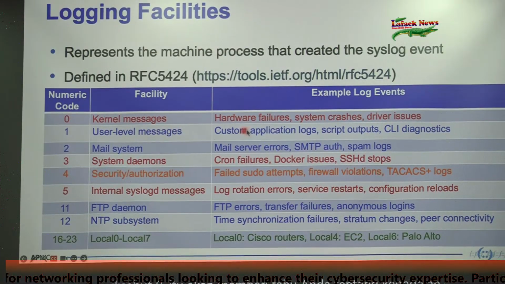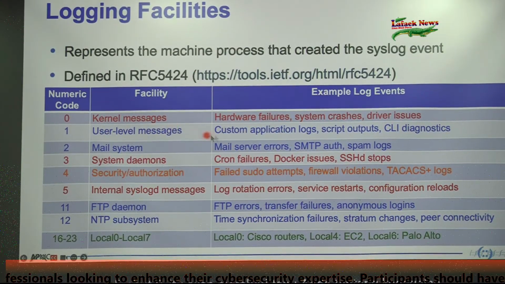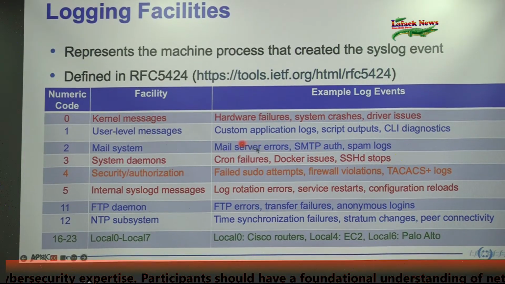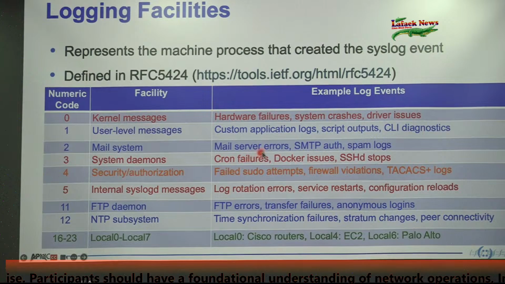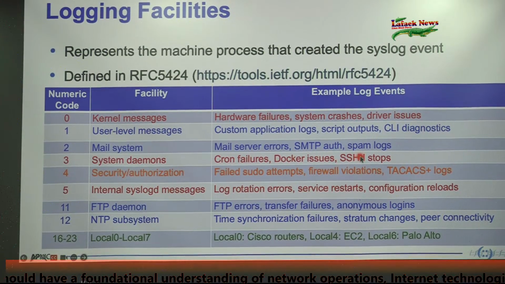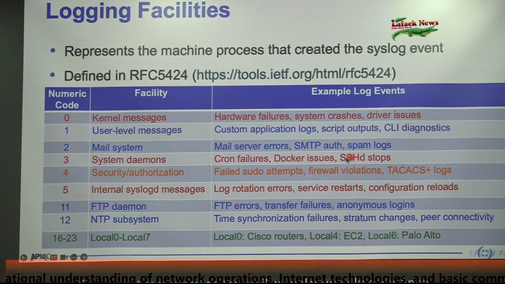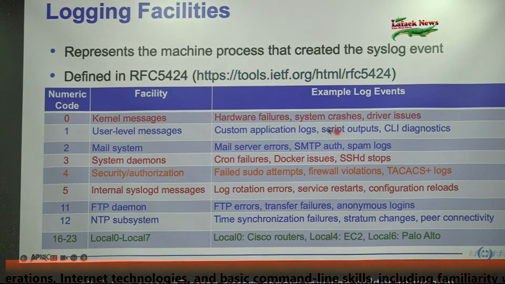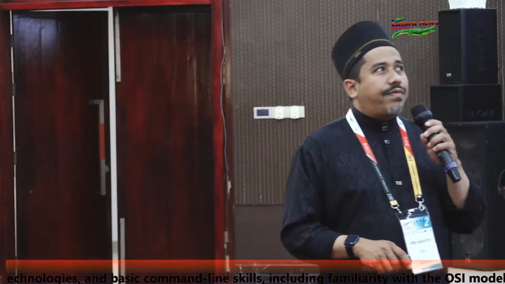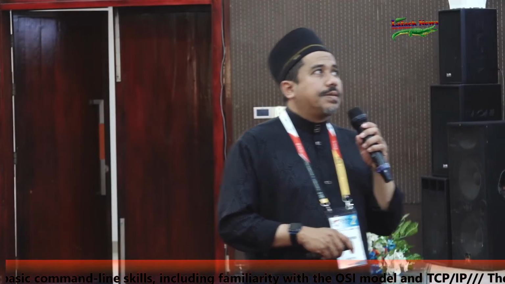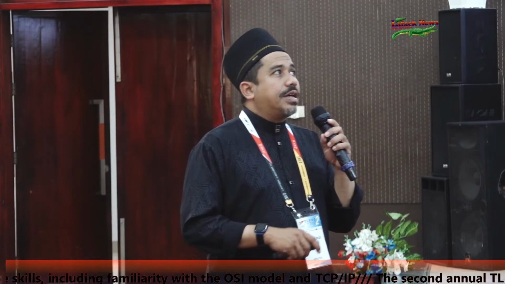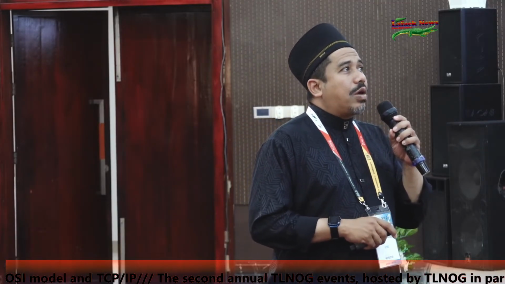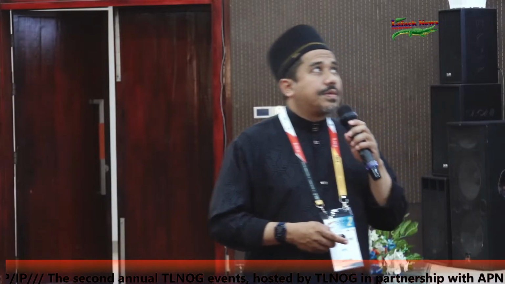Number 1 can send you custom application logs. Number 2 is the mail system. Number 3 is system daemon, like cron failure, Docker issue, SSHD stops. Number 4 is security authentication, failed sudo attempt, file violation, TACACS plus logs. There are lots of types of logging facilities that can be used.